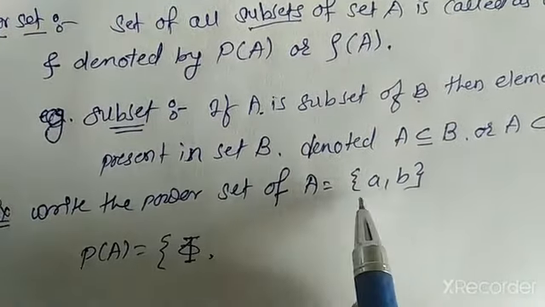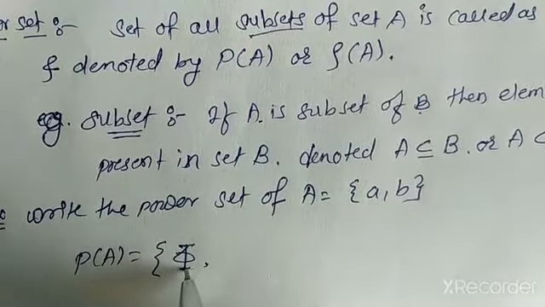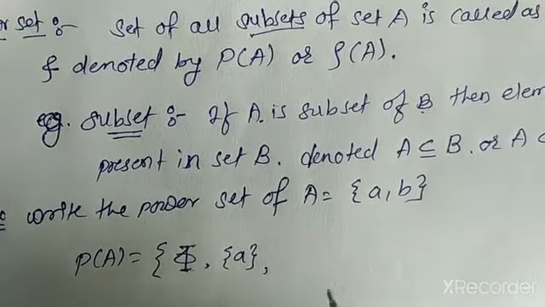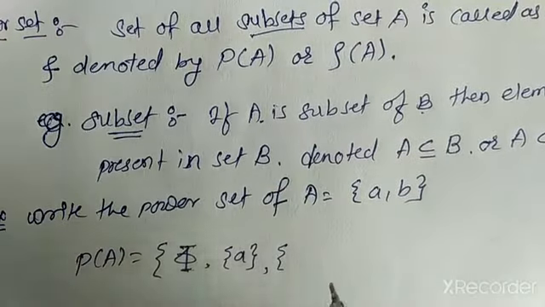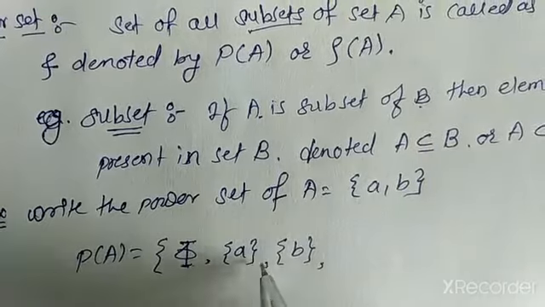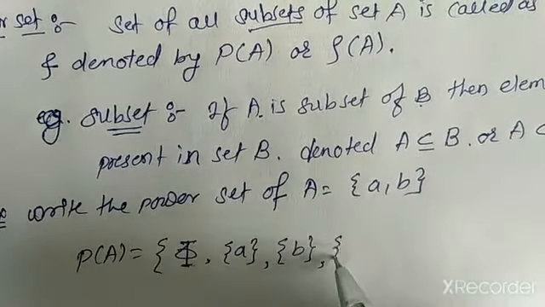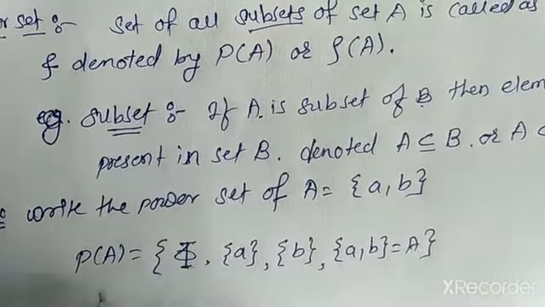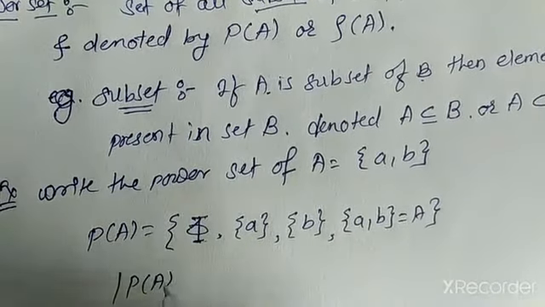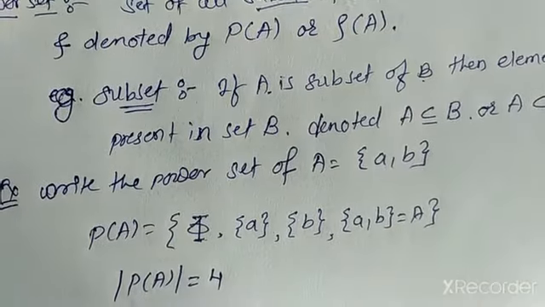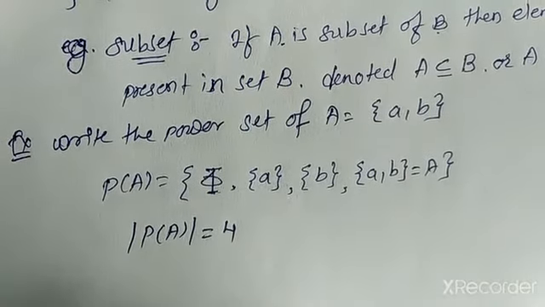Then consider the singleton element a, a set containing only one element, then the set b. After that consider two elements, so it is the set ab itself. So the cardinality of the power set of A is 4.